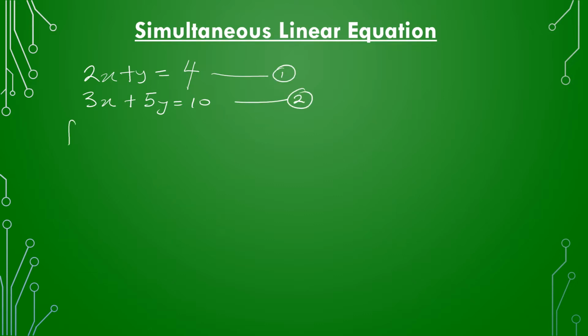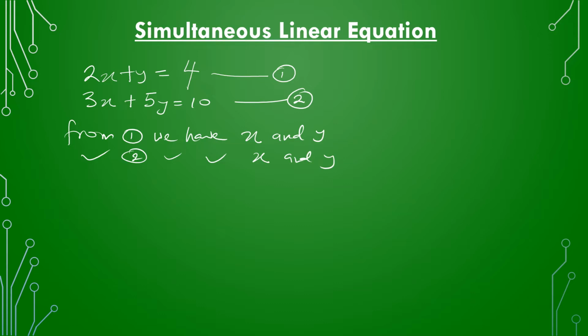From equation 1, we have two variables, or two quantities, x and what? y. Also from 2, we have x and what? y. Now, x and y are two different quantities in two different equations, equation 1 and 2.